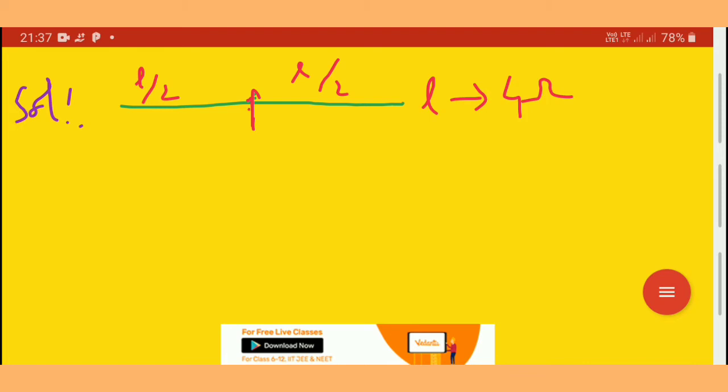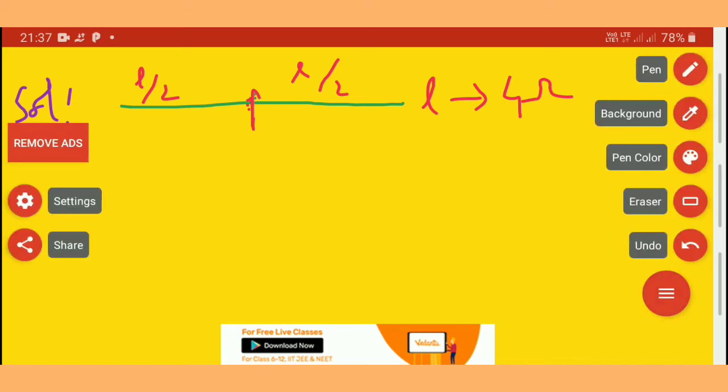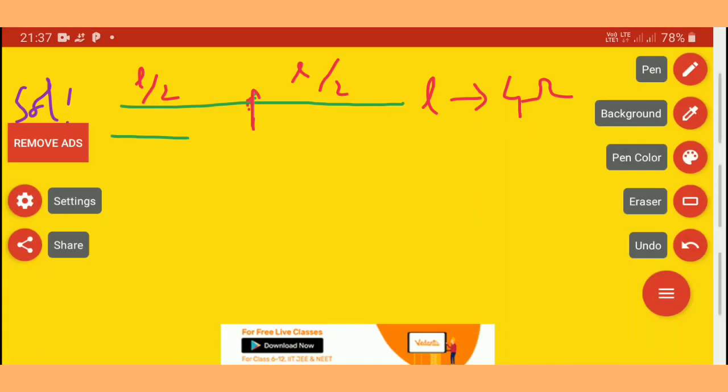Now in the problem it is given that this wire is bent at its midpoint. If the wire is bent at its midpoint, then the situation will be like this. The first half will be there, from here onwards it is bent, and the second half came like this.